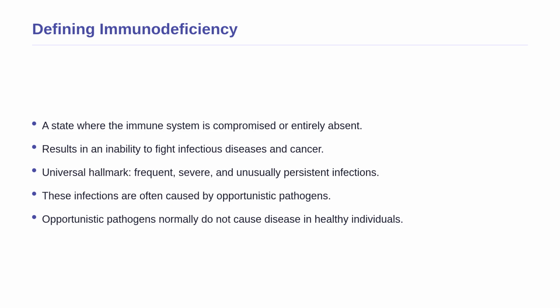These infections are often caused by opportunistic pathogens. These are microbes that live around us all the time and normally do not cause disease in healthy individuals. However, when the immune shields are lowered, these opportunists take advantage of the situation, leading to severe illness.